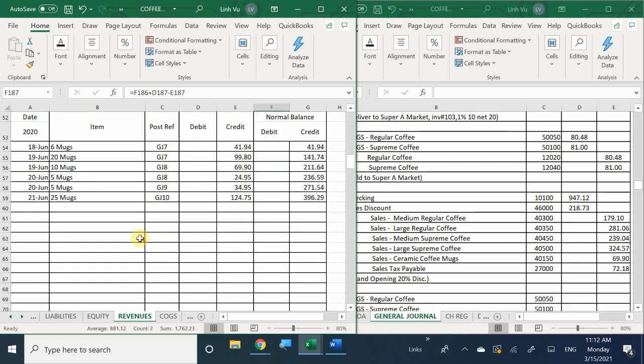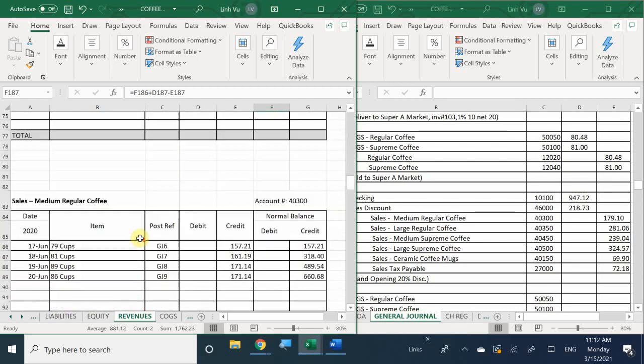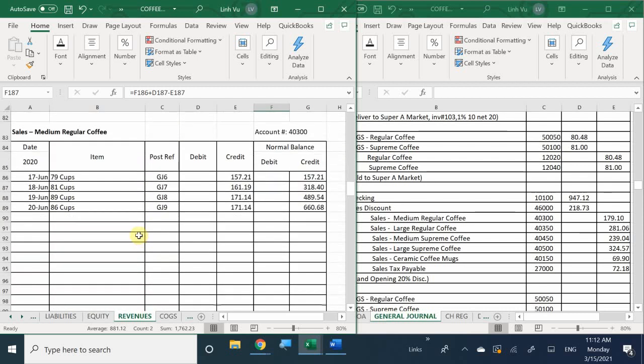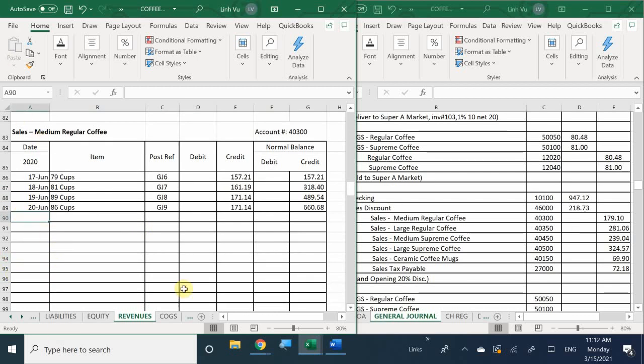Sales for the medium regular coffee. Okay. How many cups did I sell? 90. You sold 90.